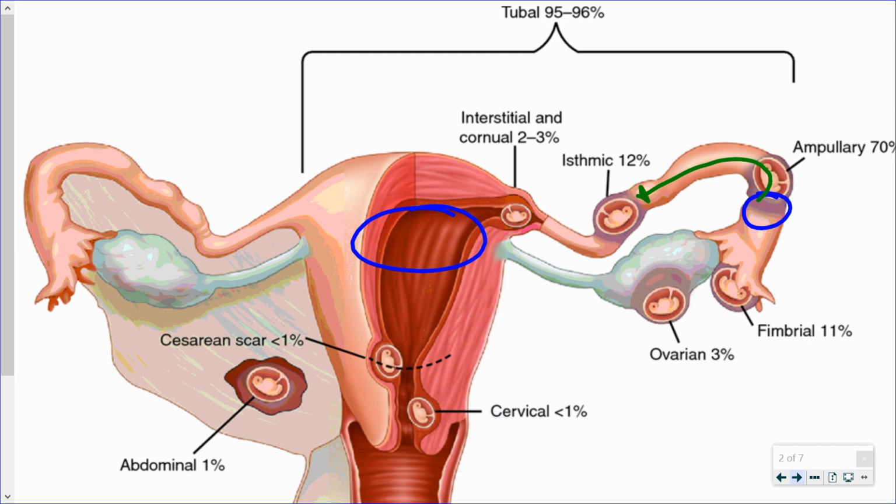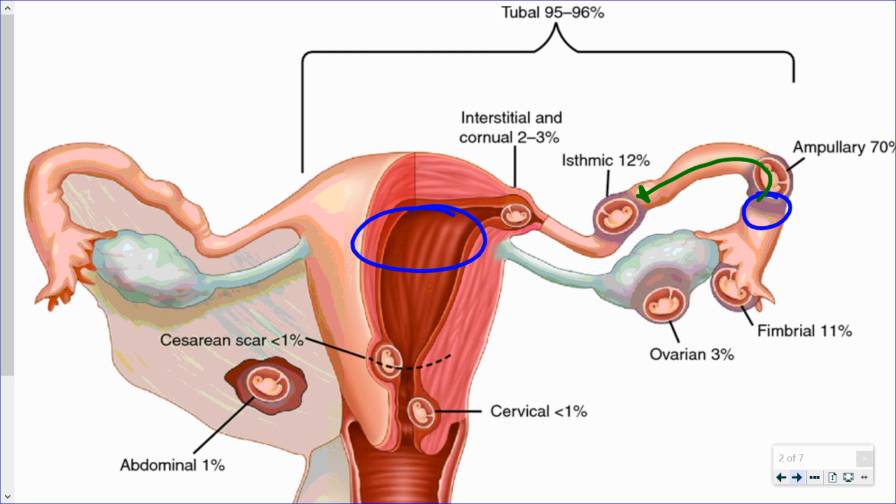So it can get stuck in the fallopian tube, and if it sticks there and tries to draw nutrients out of the fallopian tube, like it typically would out of the uterus, there is simply not enough space for that embryo to grow. That is not what the fallopian tubes are designed for.